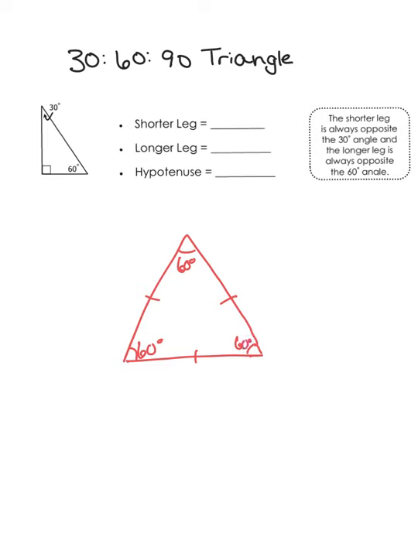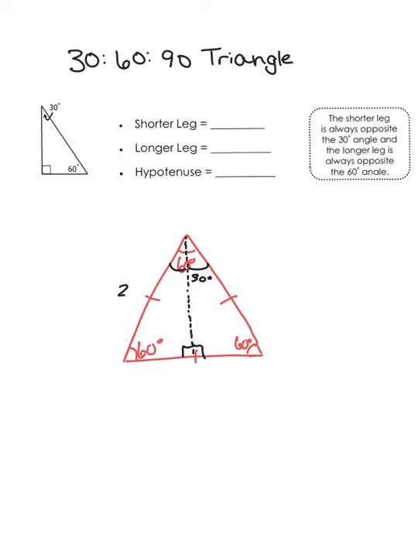If I take a line and I drop it from the vertex to the base, it creates two identical right triangles, and it also bisects this vertex angle. If it bisects it, it cuts it into two congruent parts, so each angle is a 30-degree angle.